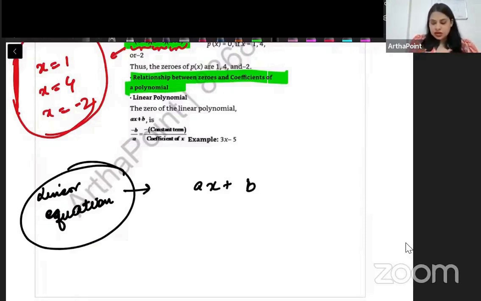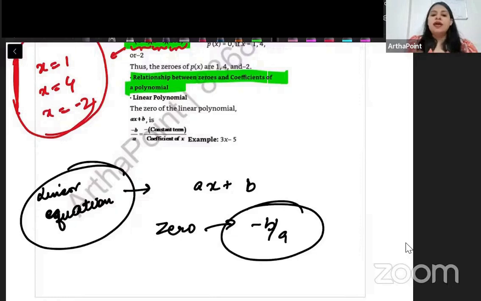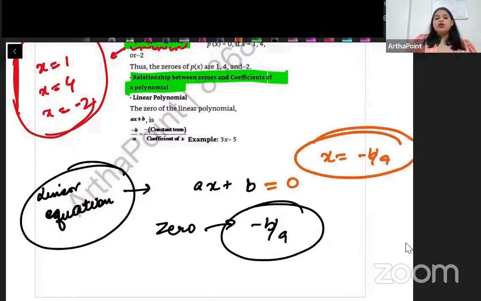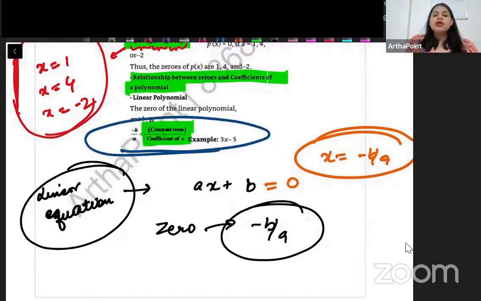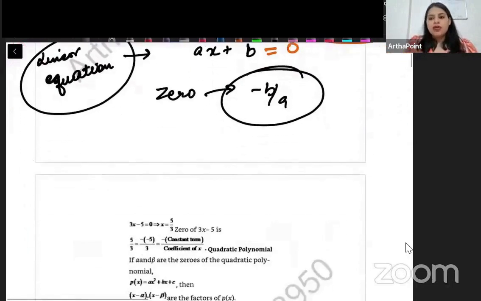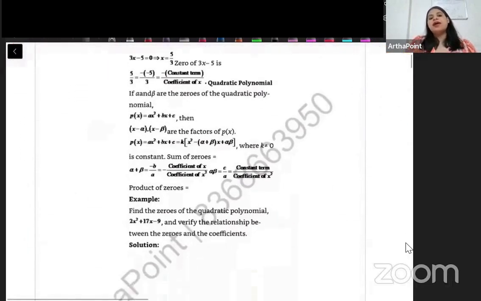In this linear equation, simply the zero of the polynomial is minus b by a. Check it. Put this equal to 0. The value of x will come out to be minus b by a. So the zero of the polynomial is simply constant term upon coefficient of x, with a minus sign. This can come in the exam. This is a relationship. So the zero of the polynomial will be minus b by a.